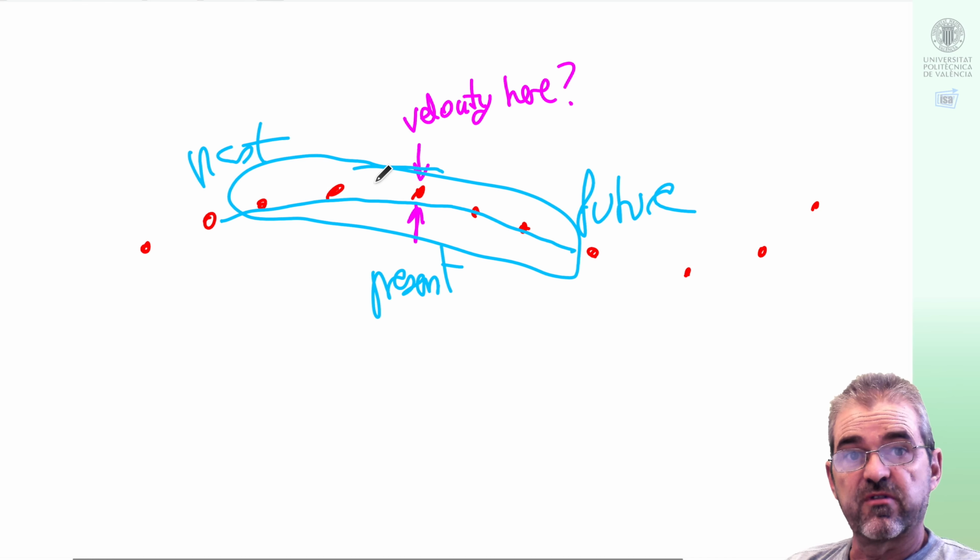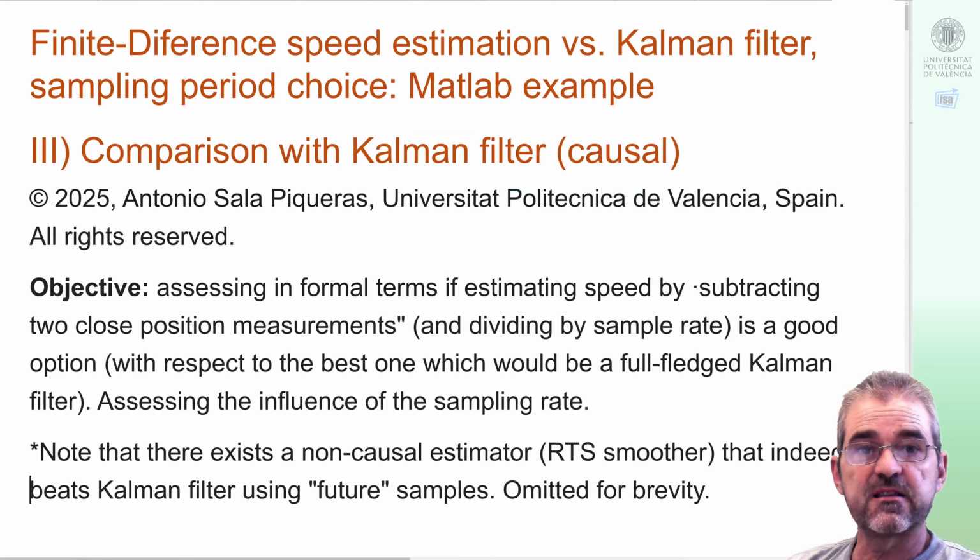The extension of the optimal velocity estimator to that non-causal setup is called the Rauch-Tung-Striebel smoother, RTS smoother, and that would be the really optimal reconstruction of the signal with past and future samples. But for brevity, we are not discussing it here, only saying that the Kalman filter is the optimal causal filter for a Gaussian linear process, and we are not discussing RTS, as I said, for brevity.